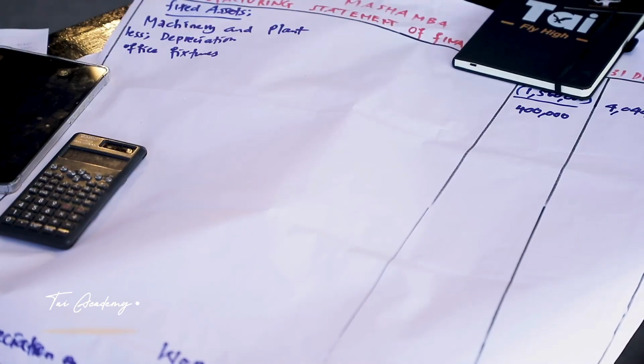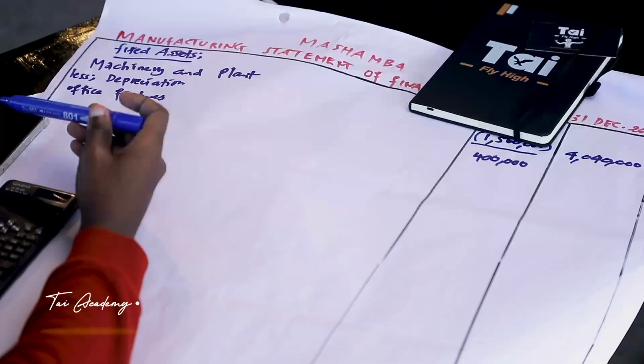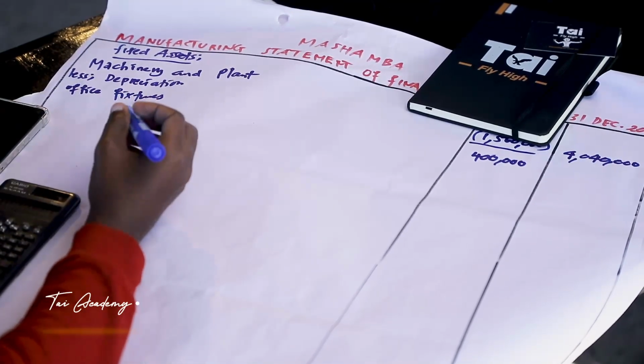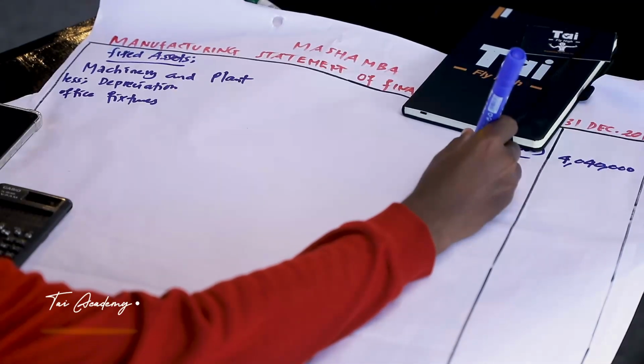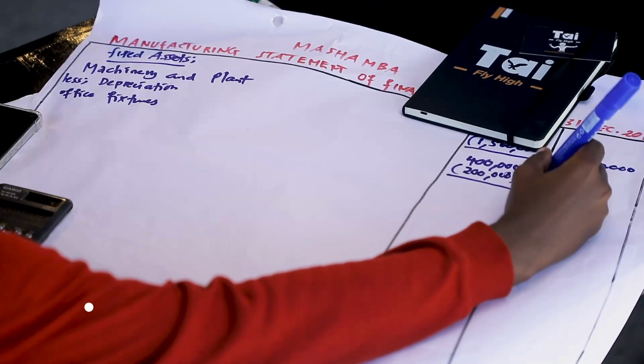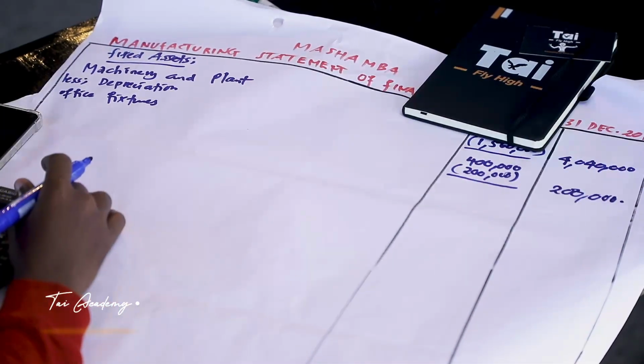Hapa nimesimplify tu, nimechukua na ndio 160,000, nimetafuta difference kati ya cost of office fixtures amount ambapo ni 100,000, nikatoa ile kwenye trial balance ambapo ni 240. Kwa hapo tutapata 200,000. So tutakuja hapa less 200,000, hapo utabakia na 200,000. Kwa hizi hapa ndo fixed assets.